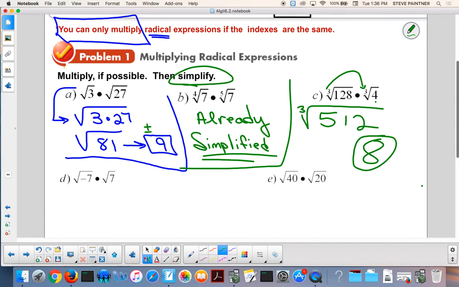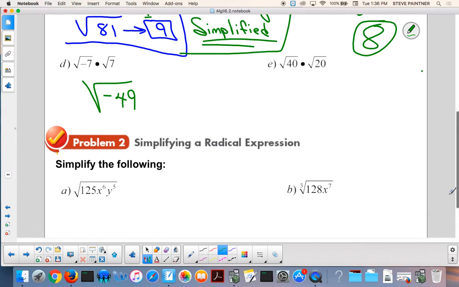Okay. Next, can you take a square root times a square root? Sure. Now, you kind of saw this yesterday. It's what? No solution. It's not possible.